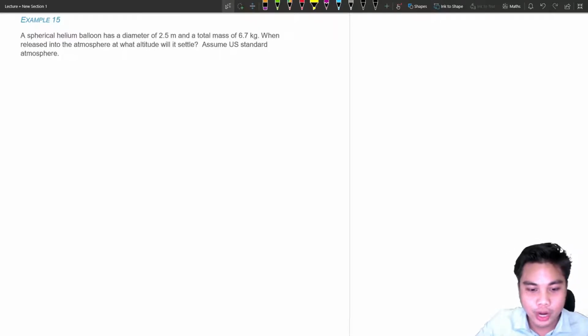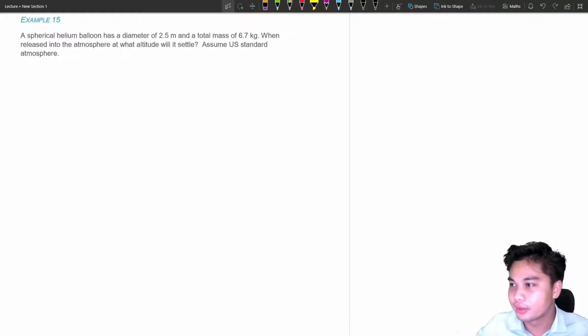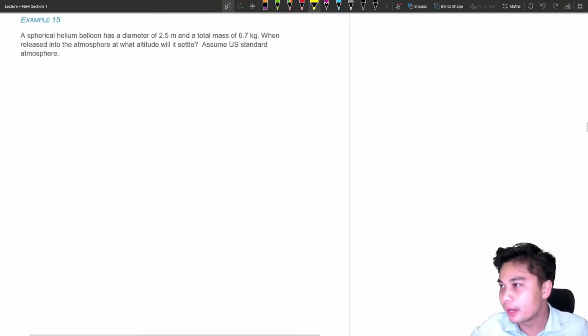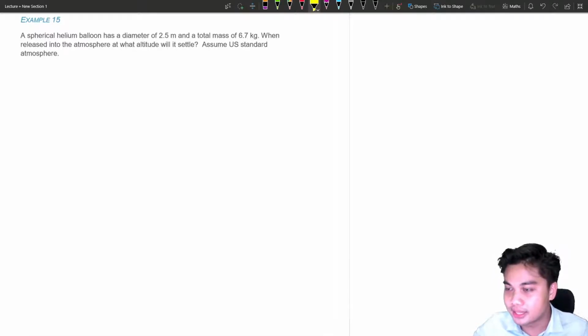So what do we need to do first to solve this question? We need to understand the question asked. What altitude? The question asks for the height at which the balloon settles.